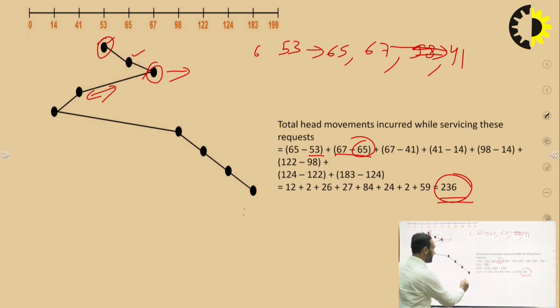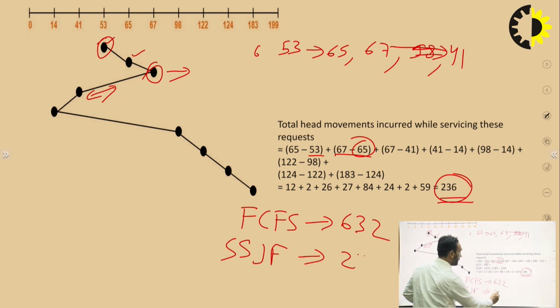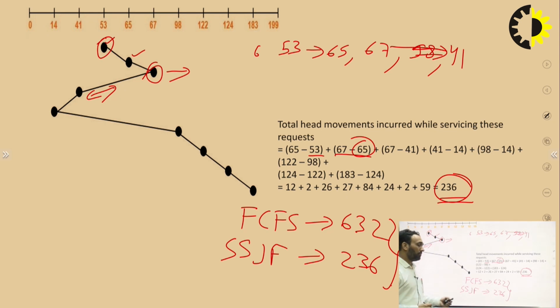In FCFS, the seek time is 632 and in SSTF the seek time is 236. So it is very easy to understand which method is best for the selection of the head movement from one head location to another.